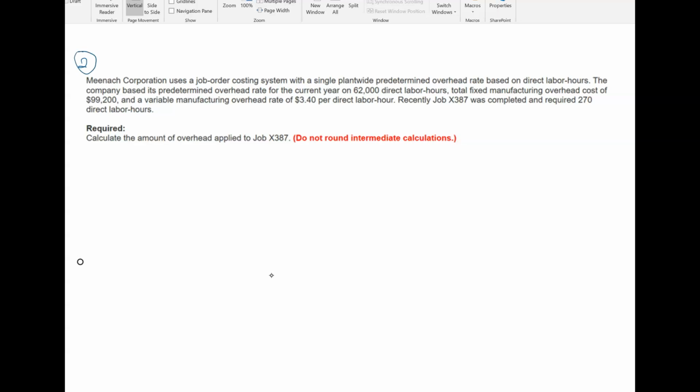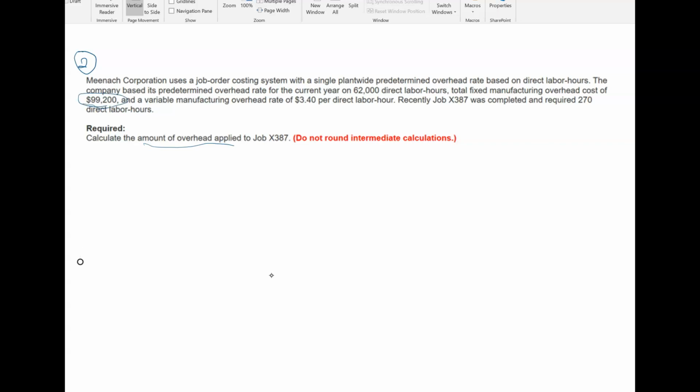Number 2 is also still from Chapter 2, and for this one, we're looking to calculate the amount of overhead applied as well. This one works a little bit differently, but it's the same formula. They use a plant-wide rate, and the fixed overhead is 99,200.